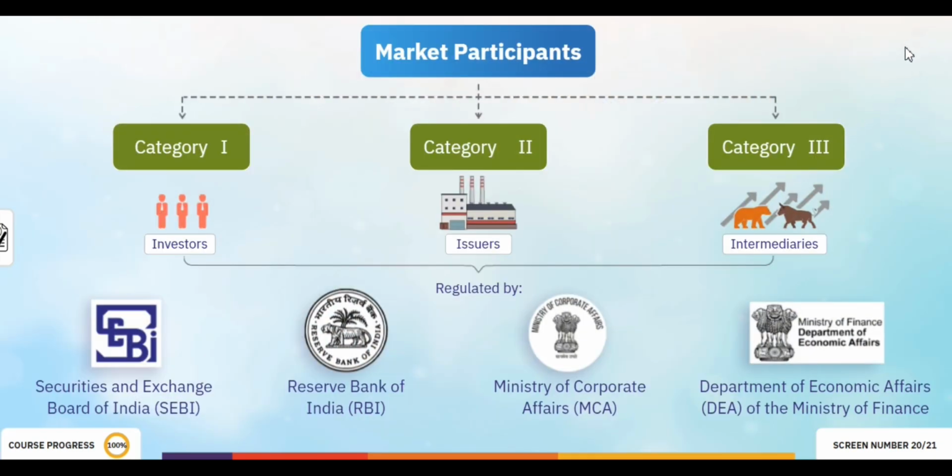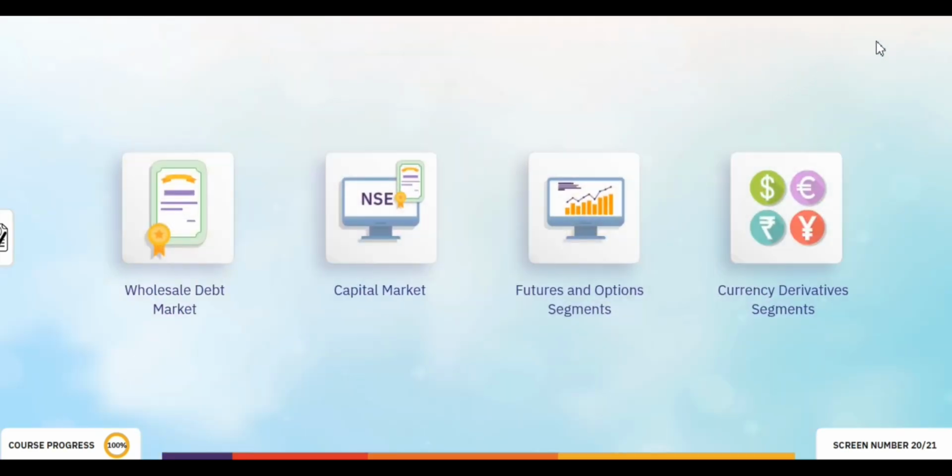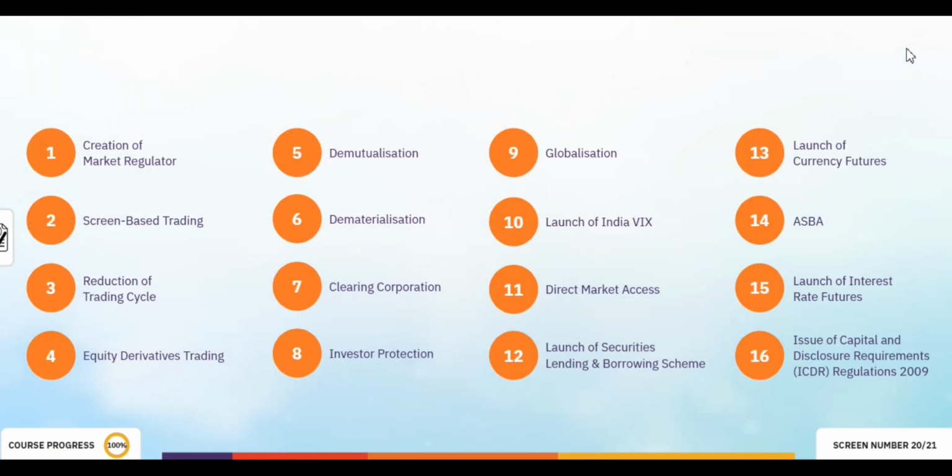In India, the market participants are regulated by SEBI, RBI, MCA, and DEA of the Ministry of Finance. The exchange, NSE, provides trading in 4 different segments: wholesale debt market, capital market, futures and options segments, and currency derivatives segment. Take a look at the 16 principal reform measures undertaken since 1992.